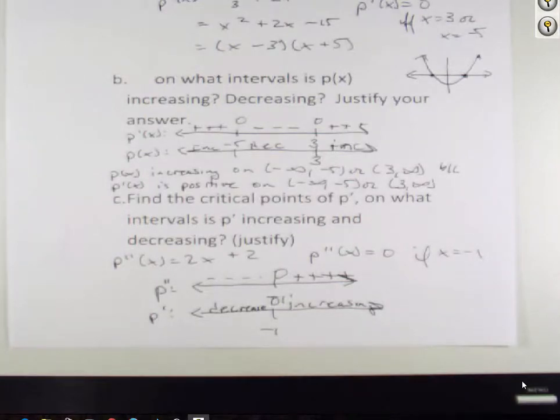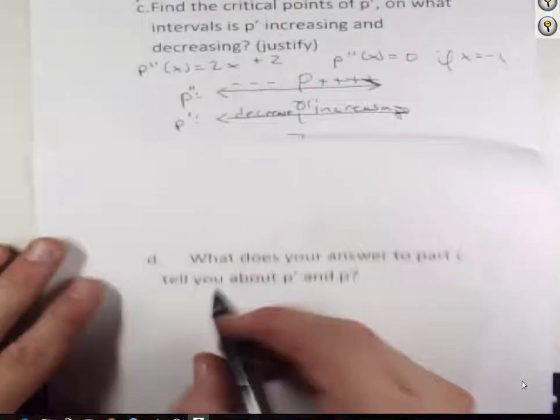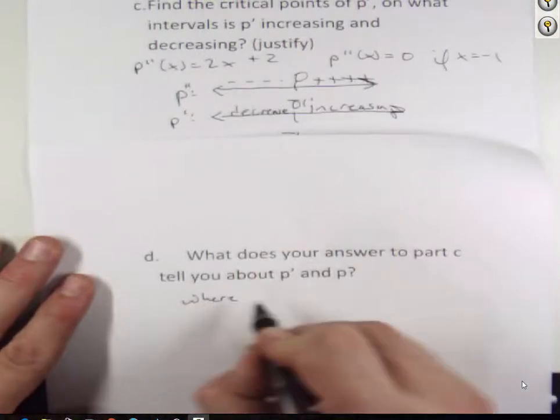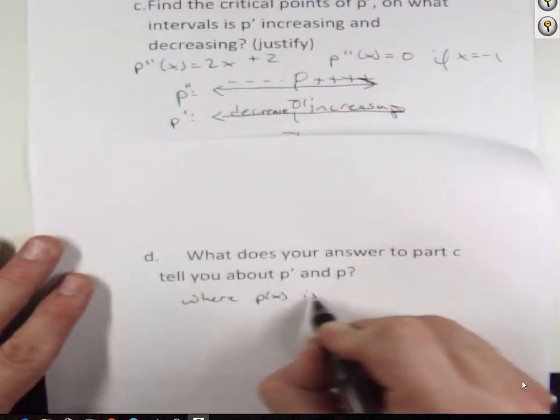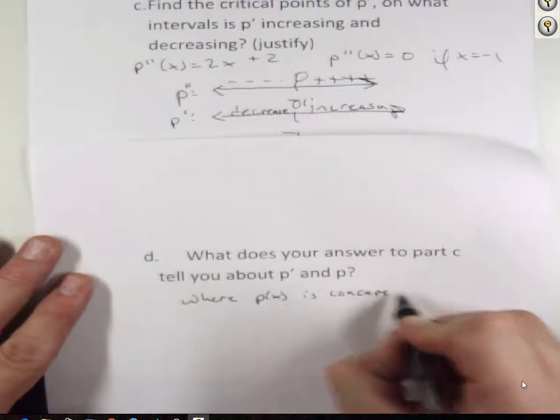The last part of this question was, what does this answer tell you? It tells you a couple things. Number one, it tells you where P of x is concave up and concave down.